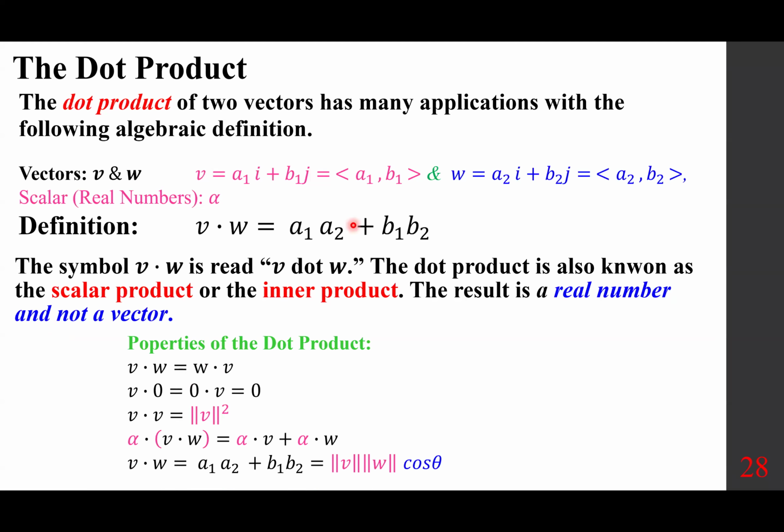Alpha times V dot W, you can distribute it: alpha V dot W. The dot product of V and W is A1 A2 plus B1 B2, or the magnitude of V times the magnitude of W times cosine theta. And so with that being the case, everybody, take a look at this last one.